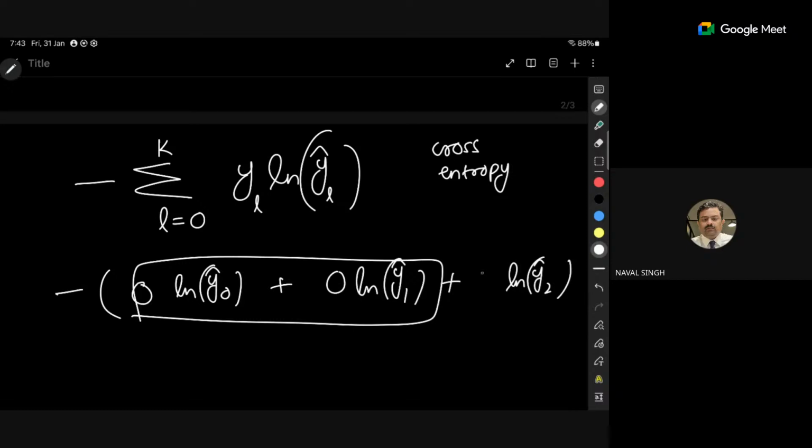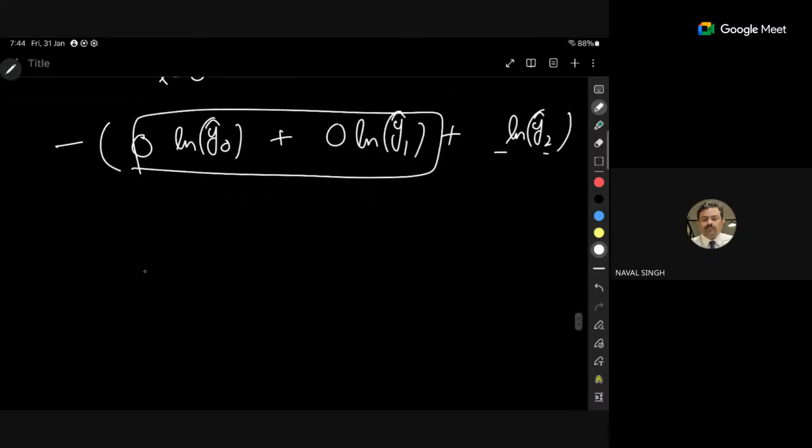And multiplication by one does not change anything. So what remains is always the negative of ln y hat at some class l, whatever class you got, and you have to use that as the loss. This is going to be the final loss.